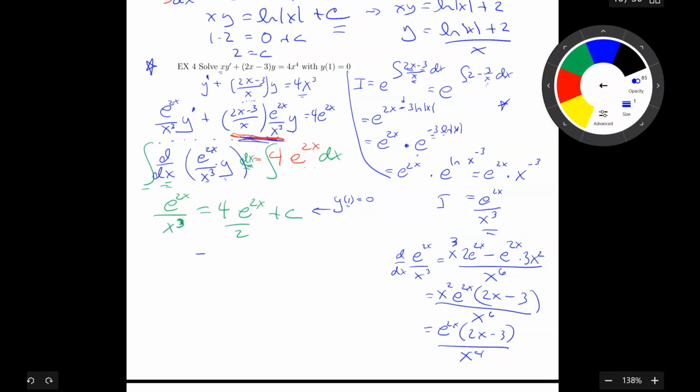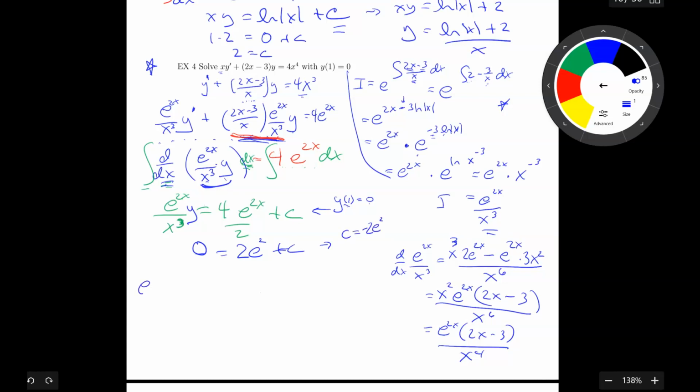When I took away the derivative and the integral, I should have this whole term, so there's the y there. All right, so now I'm plugging in x equal 1, y equals 0. So this side is 0. Now I'm plugging in x equal 1, so I get 2e squared plus c. So that means c is equal to negative 2e squared.